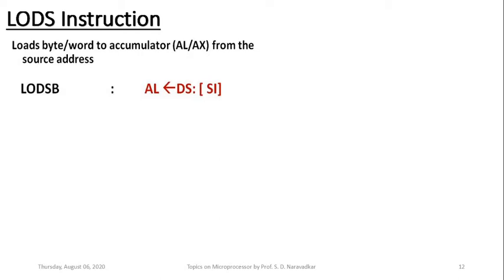It means that the data segment register and the source index register collectively define the 20-bit physical address. From this physical address, one byte is read and copied to the AL register. This is the meaning and function of LODSB.